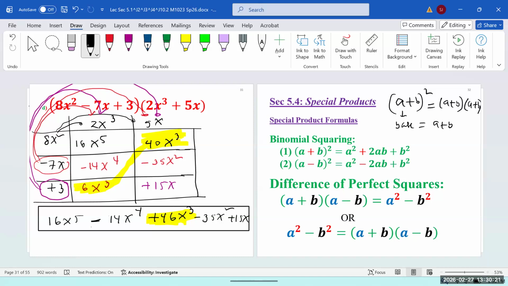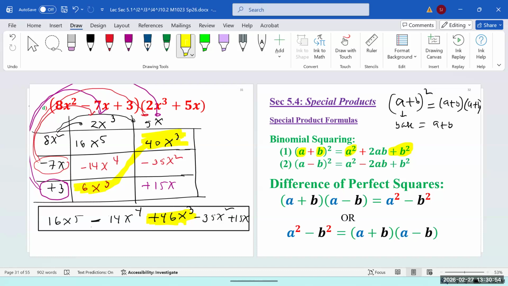Now you can use distribution or the box to get the answer, but you don't have to. There's a shortcut. It doesn't matter what you have inside your binomial. At the end, the result will be the first term squared plus the second term squared, and then twice their product.